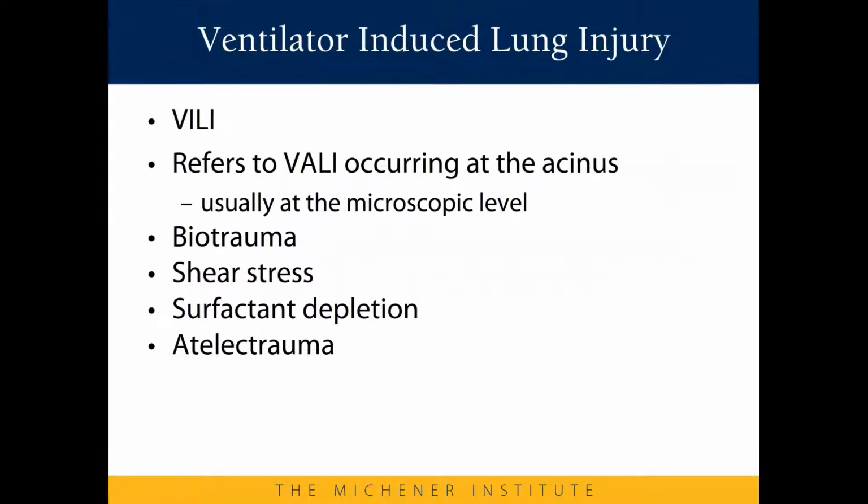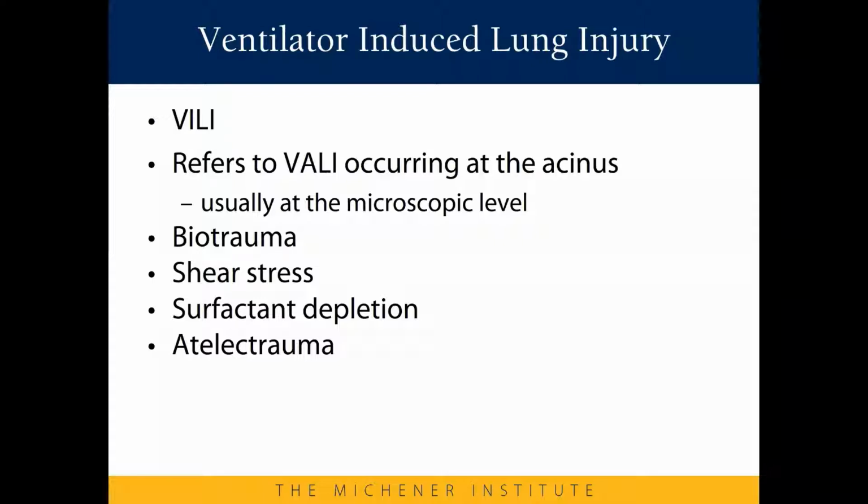When we look at our ventilator-induced lung injury, we're talking about, rather than how we're mechanically ventilating or things that are happening externally and migrating down into the lungs, we're now talking at a level within the lungs. So we're talking about the tissue that's now distal to the terminal bronchioles.